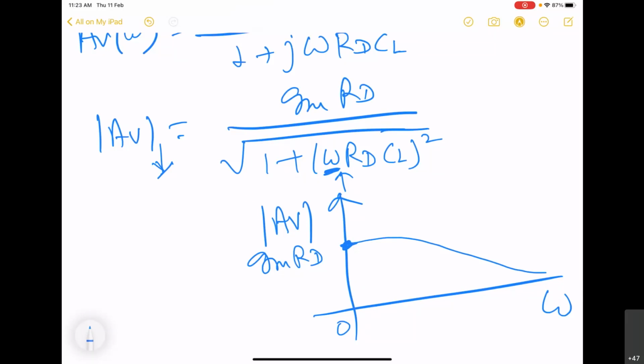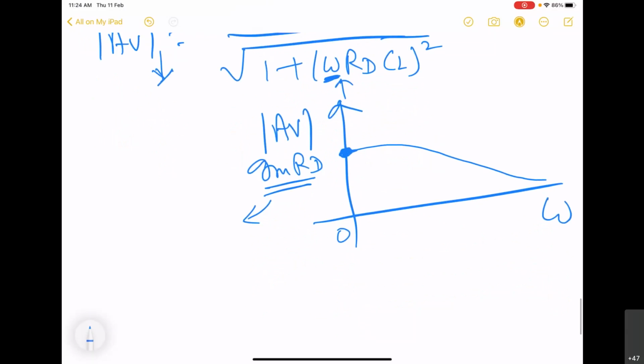Right. So here you see that for omega equal to 0, the gain is GmRD. And that is why this is also sometimes called DC gain. If you recollect the analysis that we have carried out, many of the authors will say that what we are deriving is DC gain. So actually that is not correct.